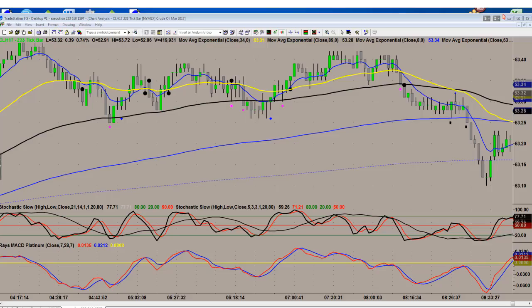Sorry for the all right, there we go. Now, this is a good example right here. Prices had earlier gone up in a little bit of a run. And we now have a potential T21 and prices are beginning to fall below.